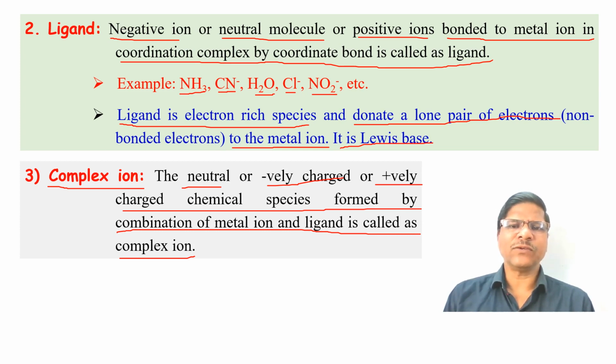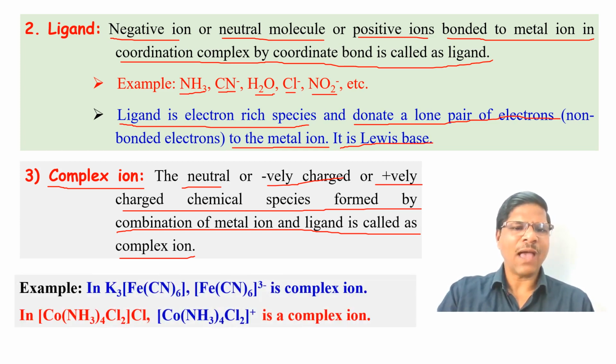This species is called a complex ion, and if the combination of metal and ligand does not have any charge, then it is a neutral complex molecule. So we may have a neutral complex molecule, we may have a negatively charged ion, or we may have a positively charged ion in the coordination compound.